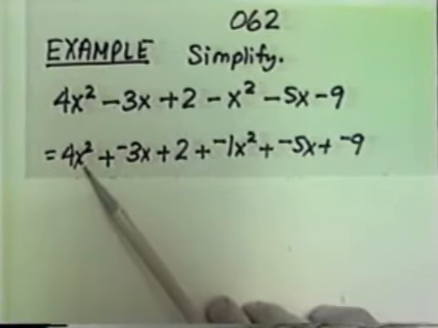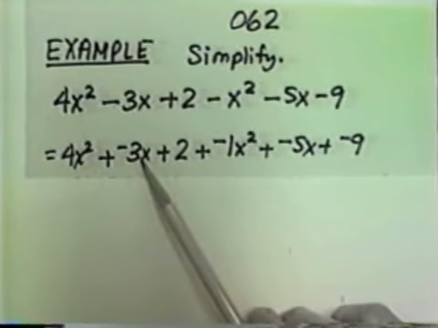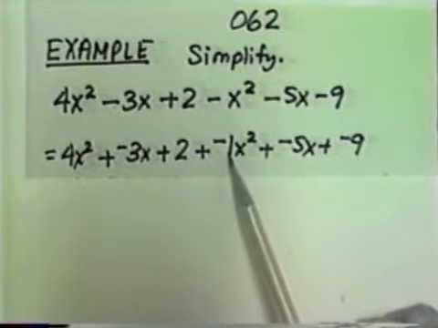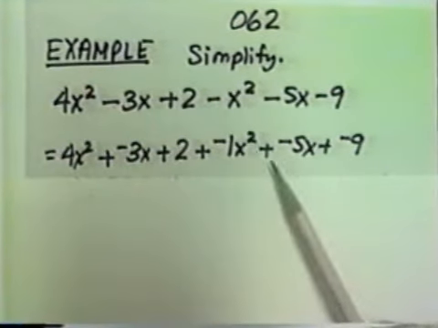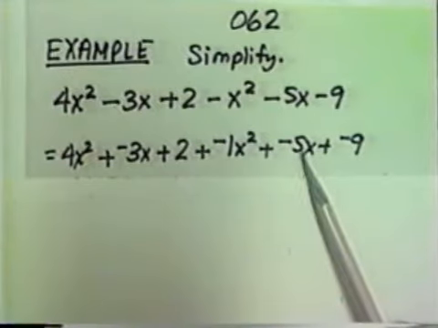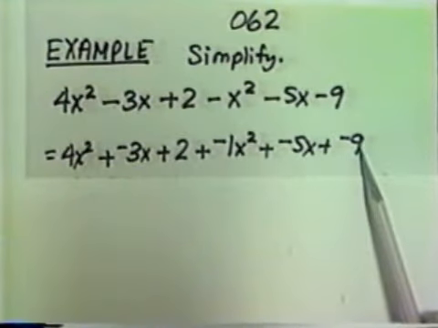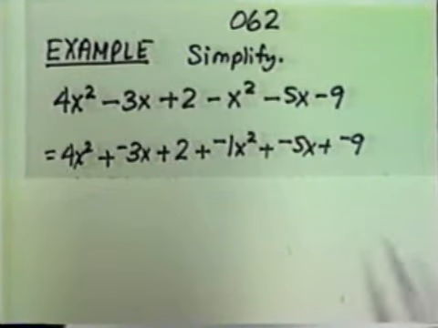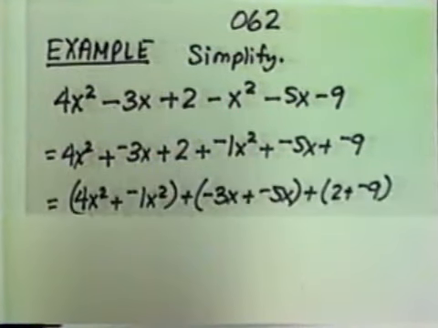This gives us 4x squared, add negative 3x, add 2, add negative 1x squared, add negative 5x, add negative 9. Notice that we have several like terms. We must simplify by combining these like terms, and so let's group them together, ready to be combined.